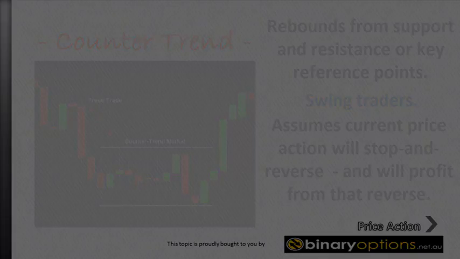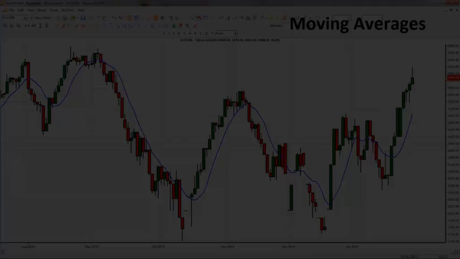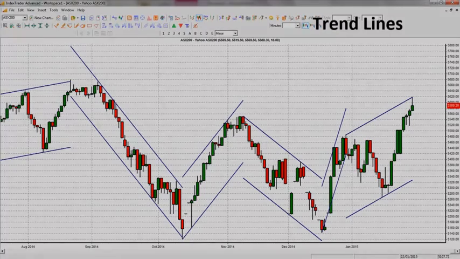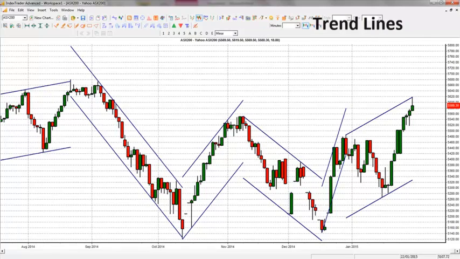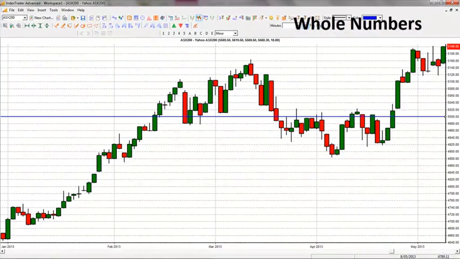To identify key price action reference points, binary traders will engage technical tools such as Fibonacci retracement patterns, moving averages, pivots and/or Bollinger Bands, as well as whole numbers and old trading high-low levels to signal reversal points.